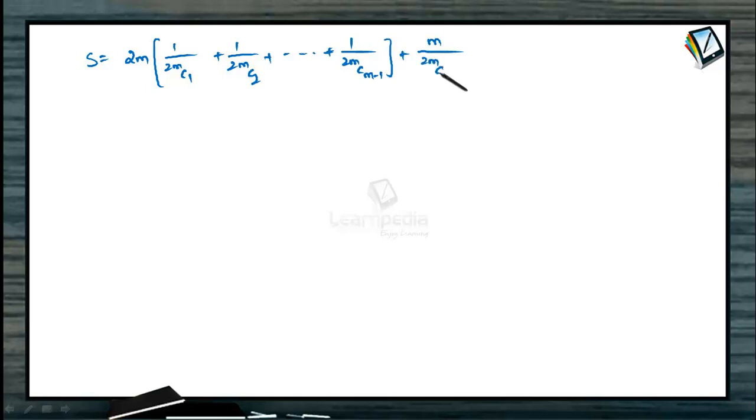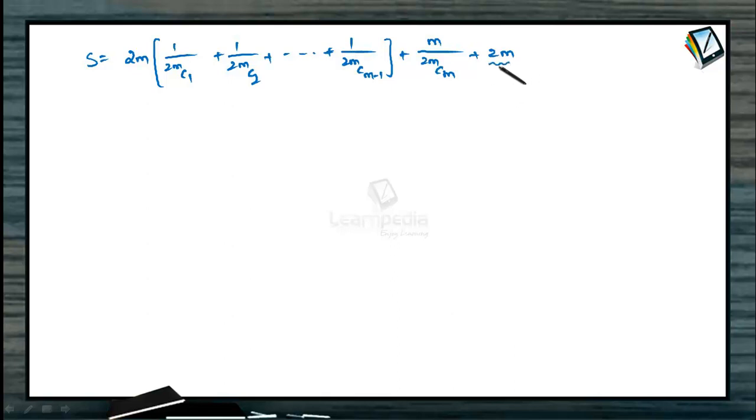Then the sum which we are finding is 2m times, what is remaining? 1 by 2mC1 plus 1 by 2mC2 plus so on up to 1 by 2mCm minus 1 plus the middle term remains as it is, m by 2mCm, plus 2m, because 2m by 2mC2m is 1, so only 2m is remaining.